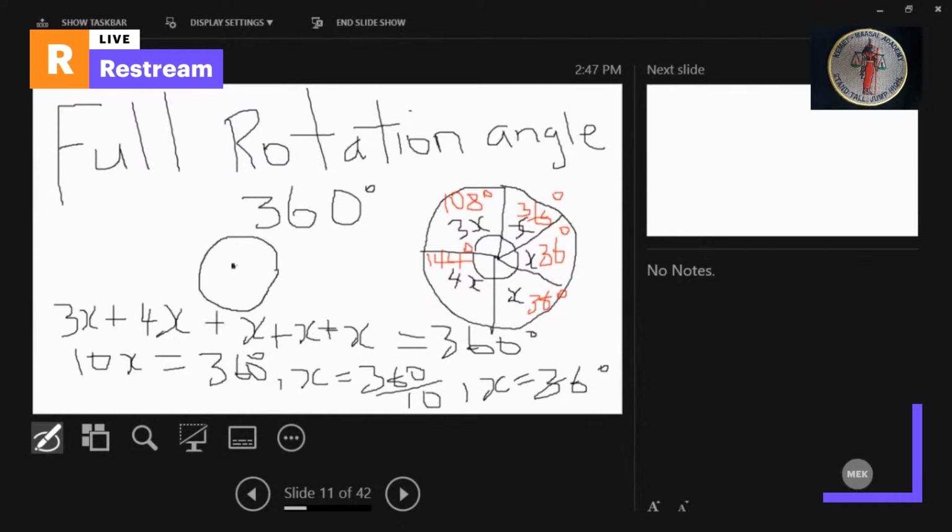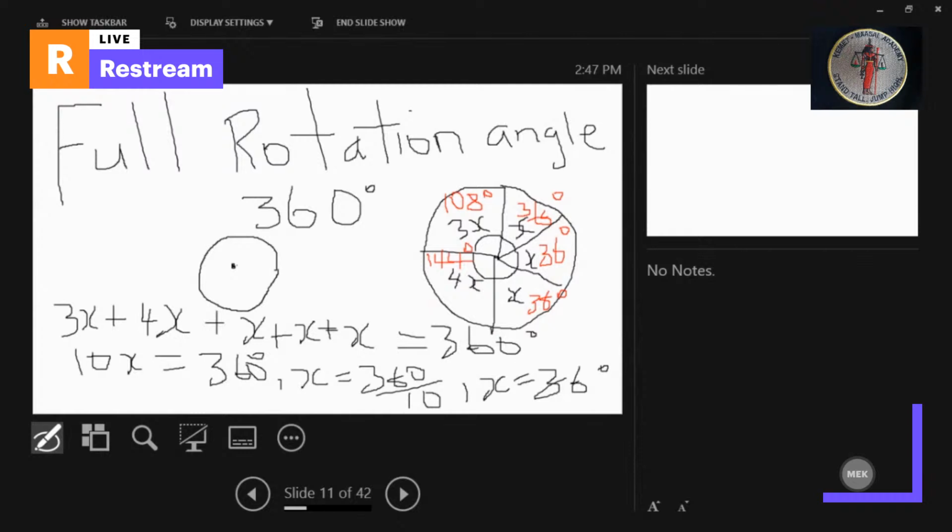Okay. So I want you to revise these basic angles. You have to have a strong knowledge of angles when you're doing trig or geometry. All right. So we have the acute angle, the right angle, the straight angle, the obtuse angle, the reflex angle, and the full rotation angle.